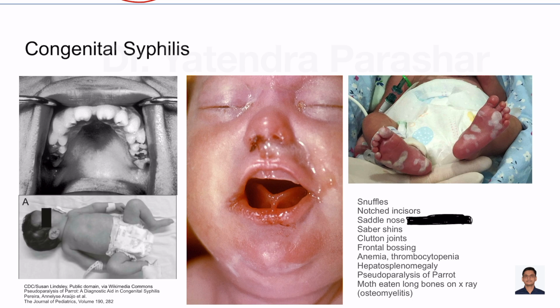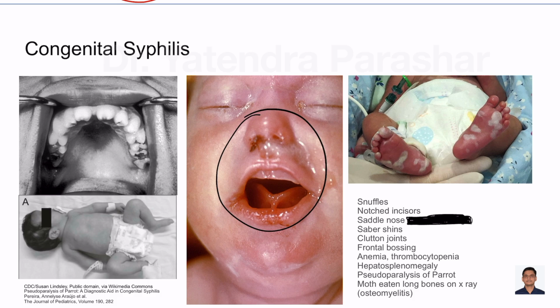Early clinical features include the hepatosplenomegaly, jaundice, anemia, thrombocytopenia, failure to thrive, snuffles, that is rhinitis, and causes the profuse mucoid bloody nasal discharge, and it is highly infectious during this period.